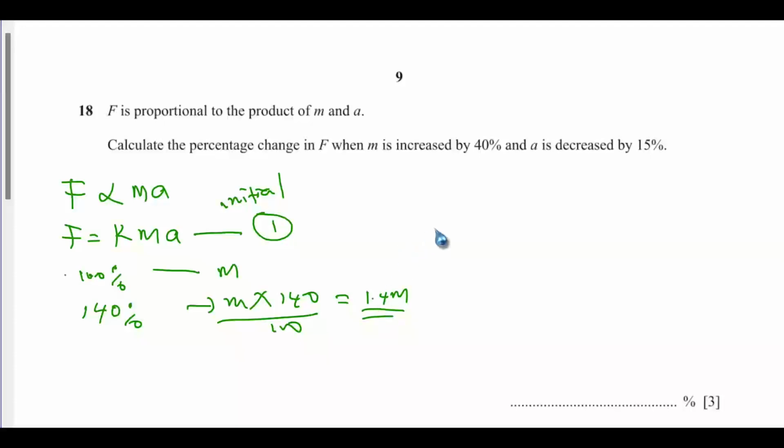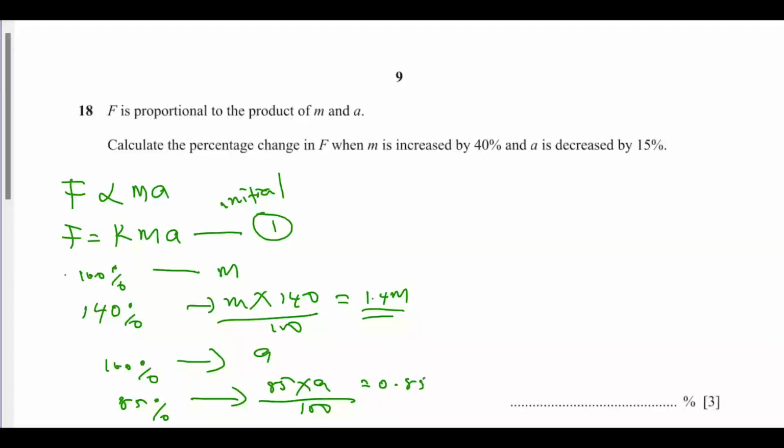We can do the same thing for a. At 100%, the value of a is a. When it is decreased by 15%, that means at 85% we need to get the new value. That will be 85 multiplied by a then divided by 100, and this will give us 0.85a.